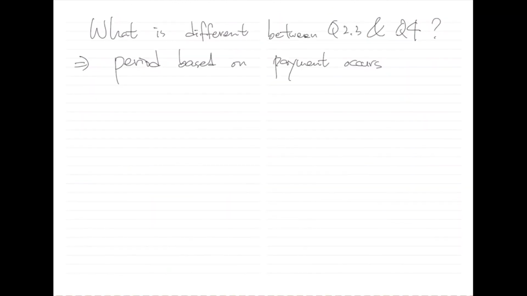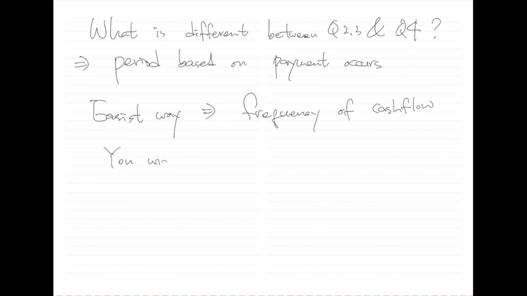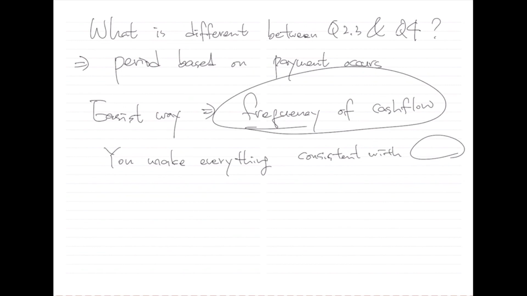So the easiest way is to check the frequency of cash flow, and then make everything consistent with this frequency of cash flow.